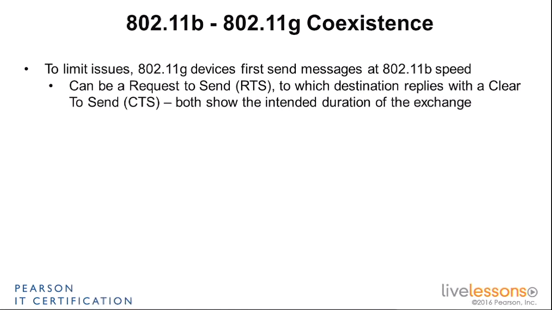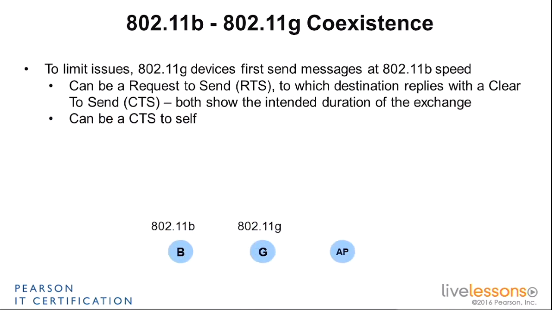Remember RTS-CTS? Request to send and clear to send. So that communication is going to occur first. And the good thing is, because it's being sent at B speed, the B device is going to hear and understand the message. And the RTS-CTS exchange is also going to mention the duration of the G exchange that is going to follow.